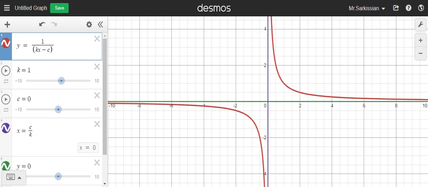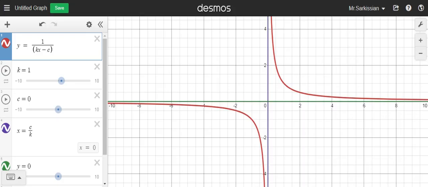The restriction on the domain of this reciprocal linear function can be determined by finding the value of x that makes the denominator equal to 0. So the denominator is kx minus c, and k and c are just real numbers.